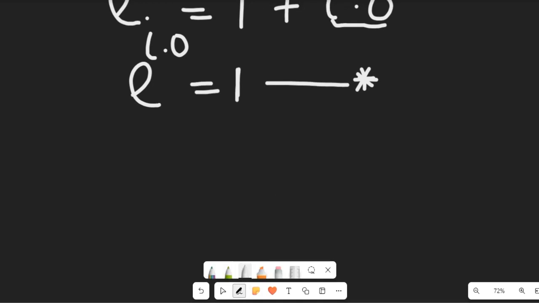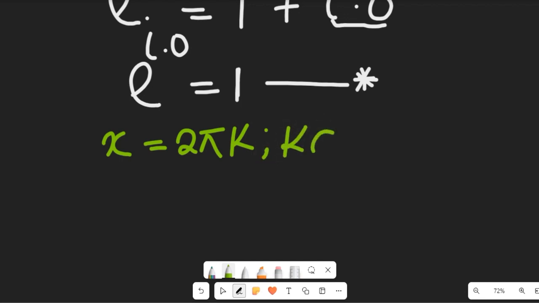Now, let's go ahead and also assume that our x is equal to 2 pi k, where k is an element of z, an element of the integers.